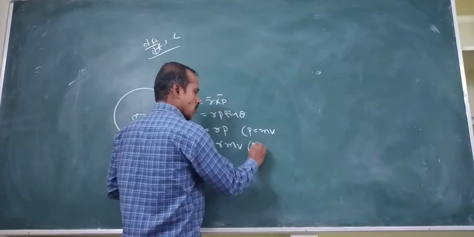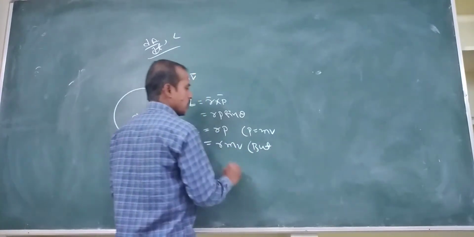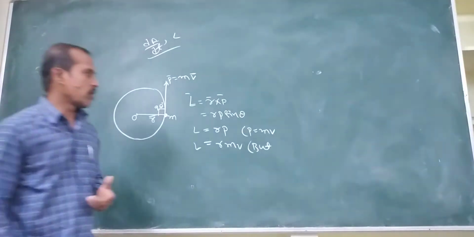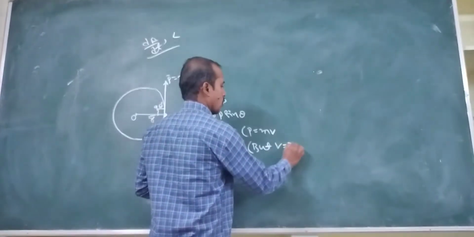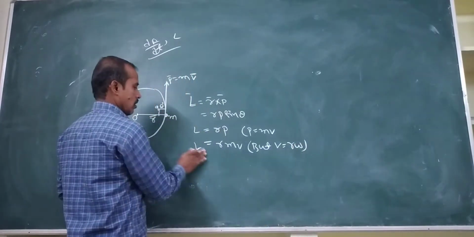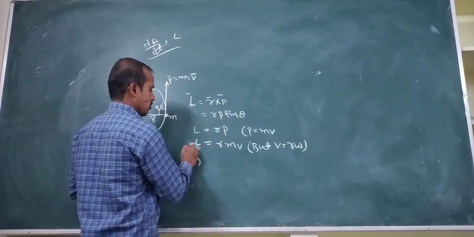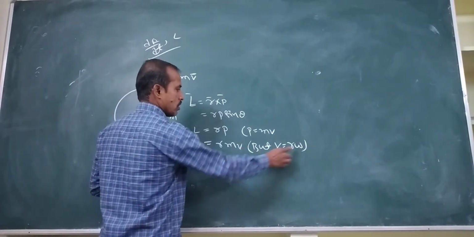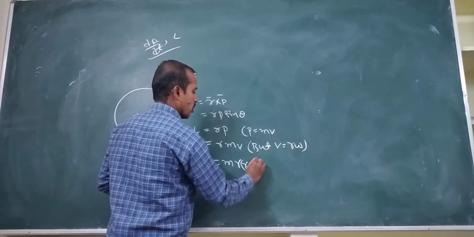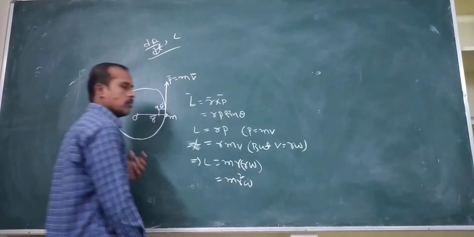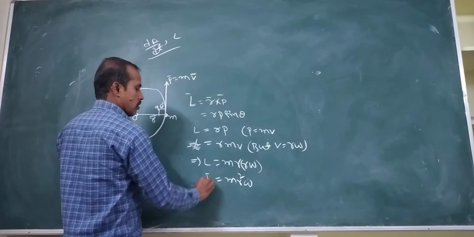But here, the relation between angular velocity and linear velocity is v is equal to r omega. This simplifies to L is equal to m r, and v is equal to r omega, that is equal to m r square omega.